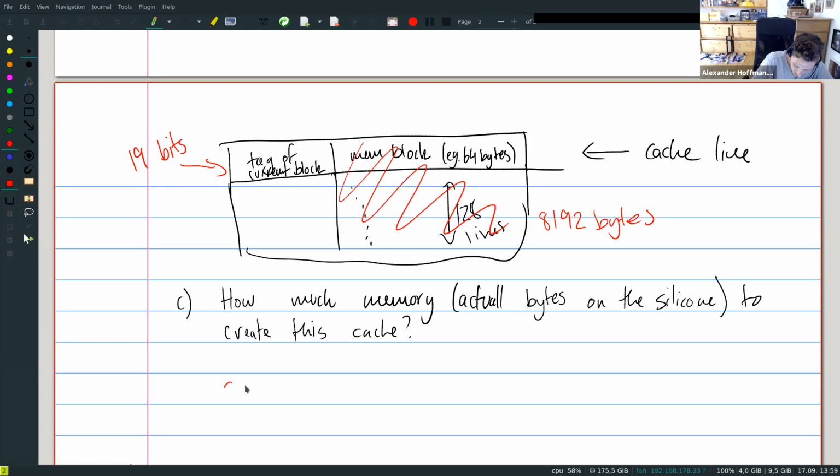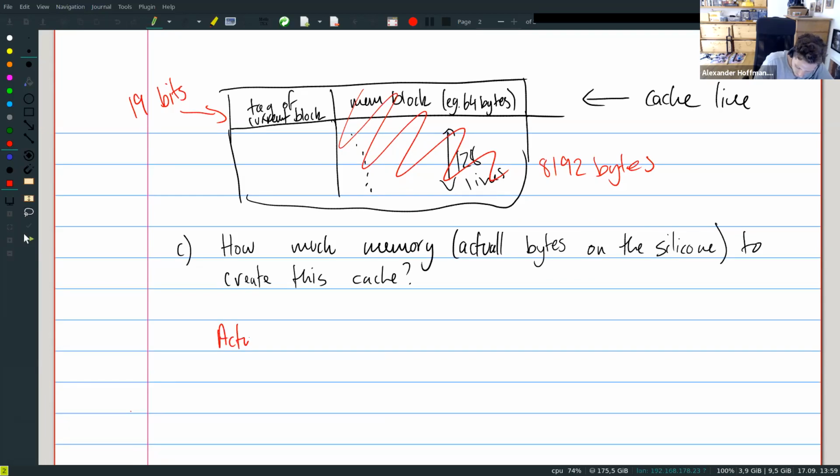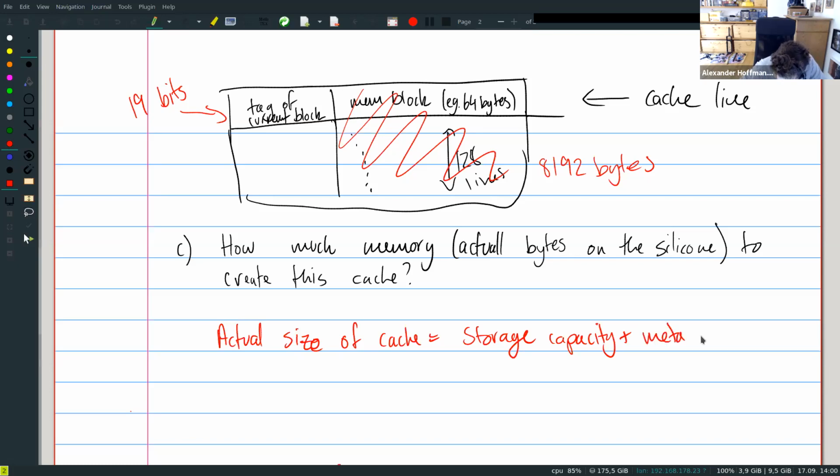The actual size of the cache equals storage capacity plus metadata, and this is storing the current tag for each cache line.